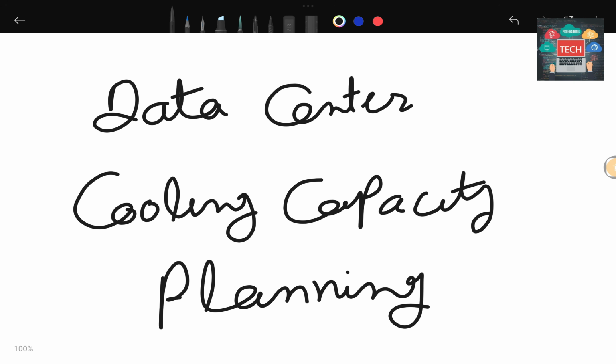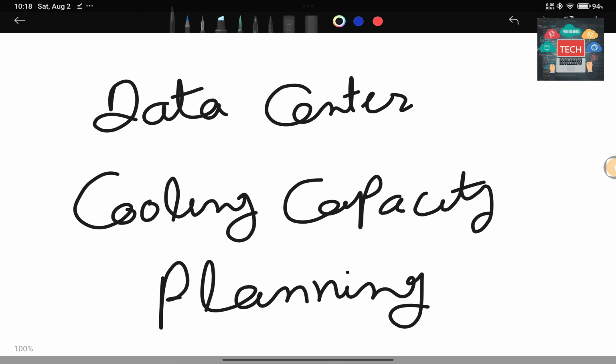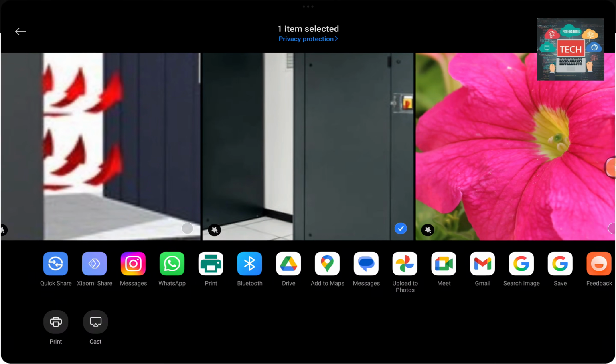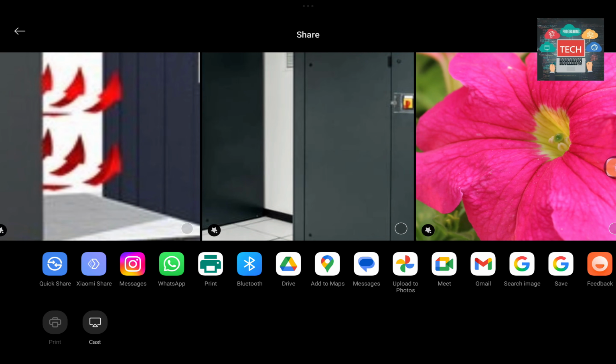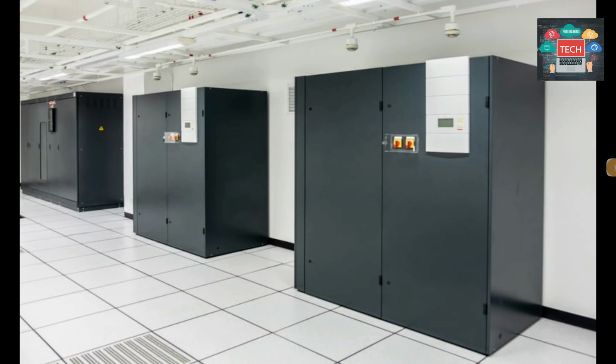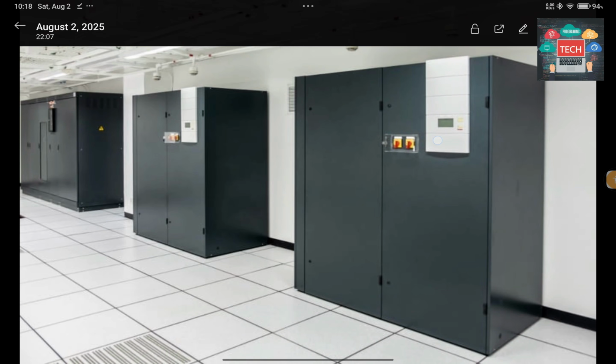The ACs in the data center are like these. These are generally called PAC, which are used in the data center for high cooling and to cool the biggest area in the data center.